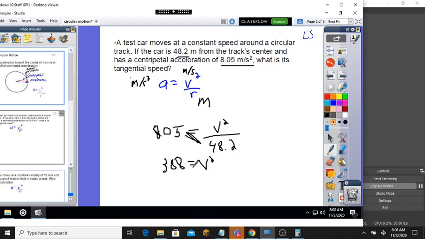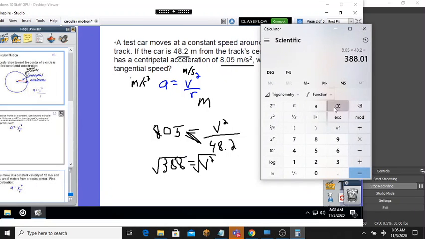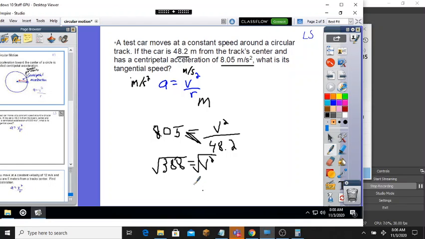And to get rid of the squared, we do the square root. So we do the square root of 388, and that gives me 19.6 equals the velocity, in meters per second.